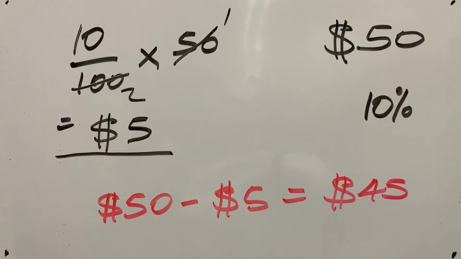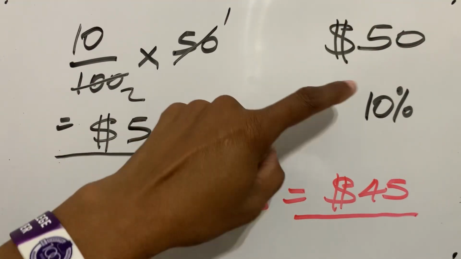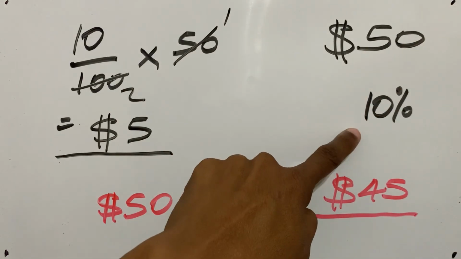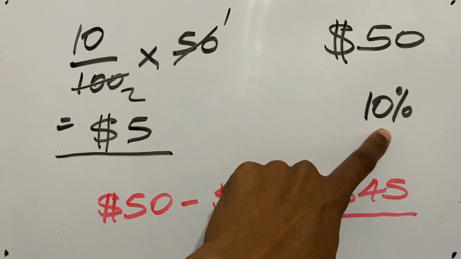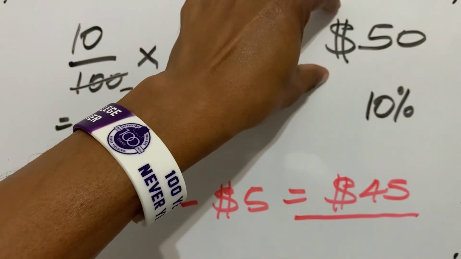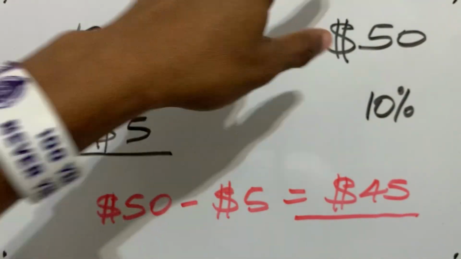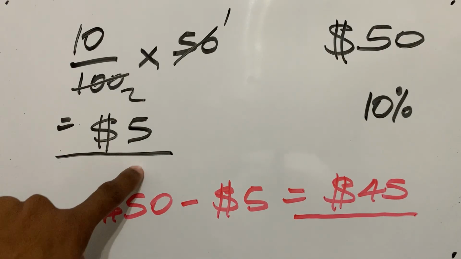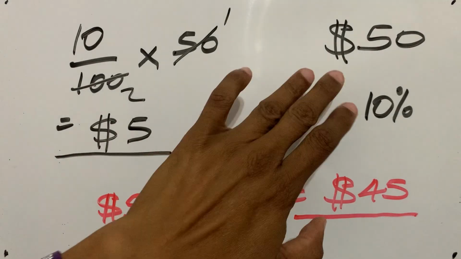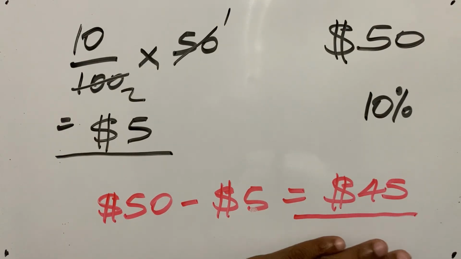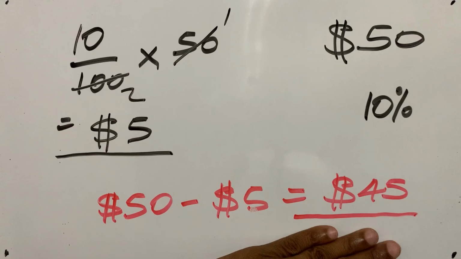So the cost of the shirt will be $45. Initially, the cost of the shirt was $50. Then it has a discount of 10%. So we find out what the 10% is of the cost of the shirt. And the 10% of 50, we worked out to be $5. So you'll be paying $5 less than the cost of the shirt, and we get the value of $45. So you'll be paying a price of $45.